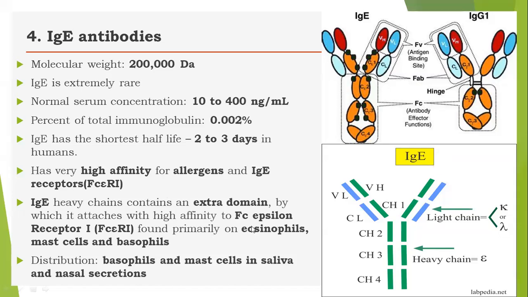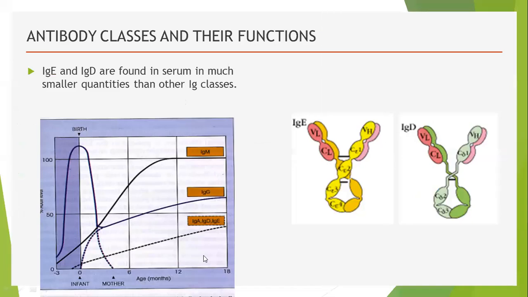Most of these basophils and eosinophils are found in saliva and nasal secretions. Let's go further. Also note that immunoglobulin E and D, in terms of composition, we've already talked of the 0.002% for immunoglobulin E. Similarly, immunoglobulin D also has a very, very low and similar concentration within the body.